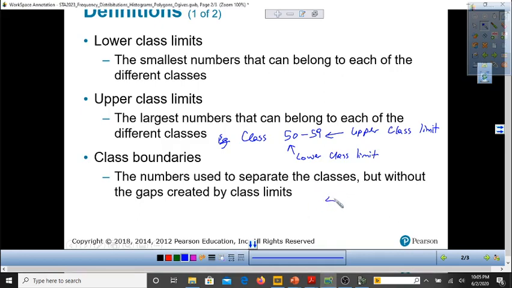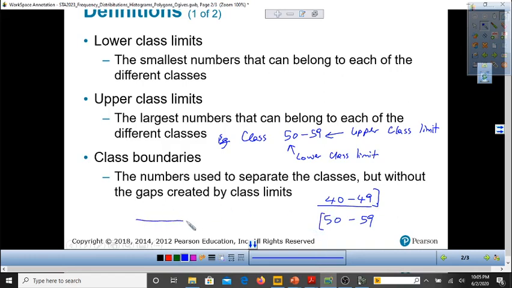I have a class that goes from 40 to 49. That's one class. And then I have another class that goes from 50 to 59. The class boundary between the 40 to 49 class and the 50 to 59 class is a number that's halfway between the upper limit of this first class and the lower limit of this next class.